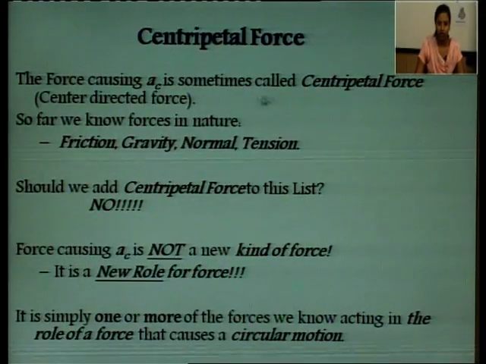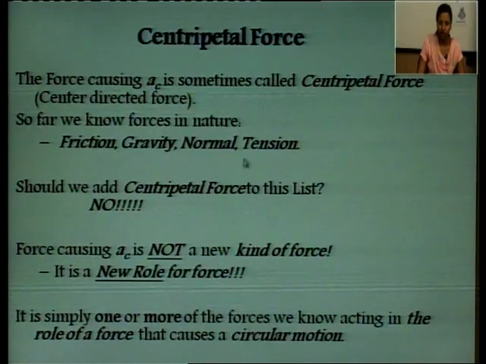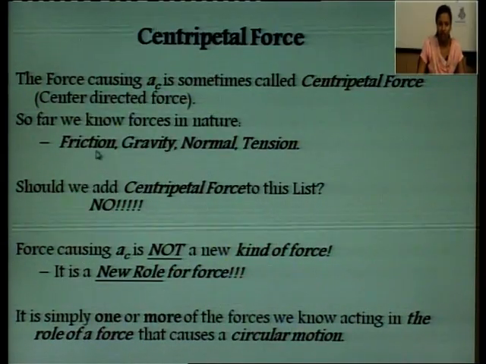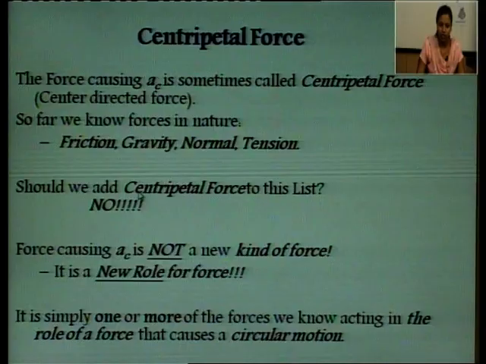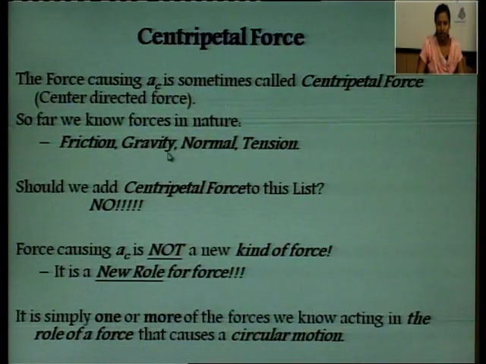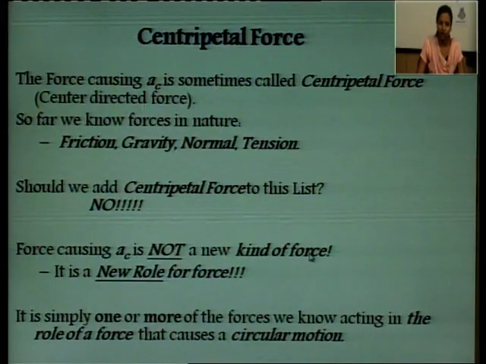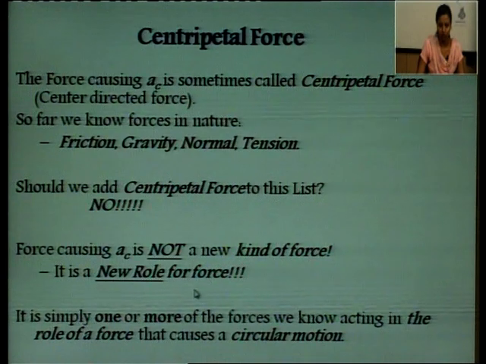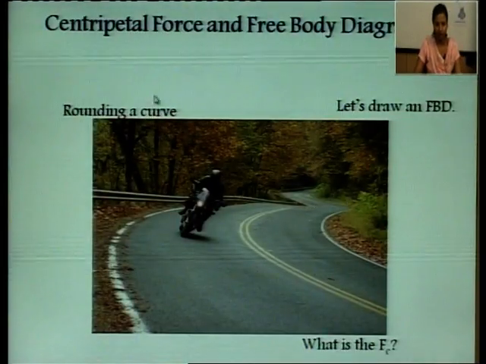Centripetal force is not a different type of force. As we already know, instead of friction, gravity, normal and tension can provide the centripetal force. It is not a different type of force. It is a new role for the same force, like we did in the example now.